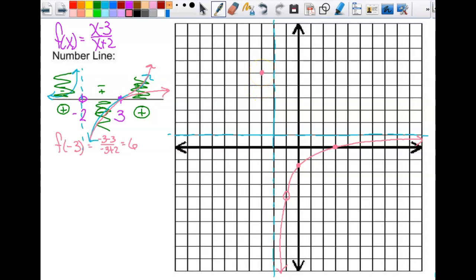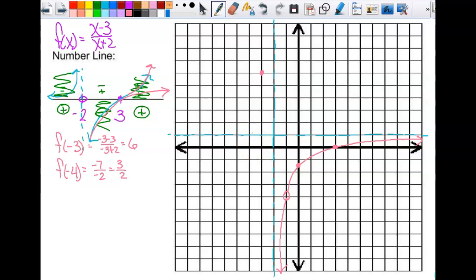Okay, so that doesn't really tell me how close it gets in here, because it could come close like this. It could swing out real far right here. So I think I'm going to need to do f of negative 4 as well. So that's going to give me negative 7 over negative 2. So that's a positive 3/2. So I can go to negative 4 and then, is that right?